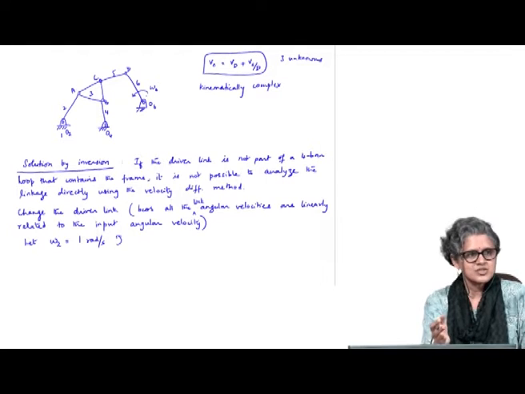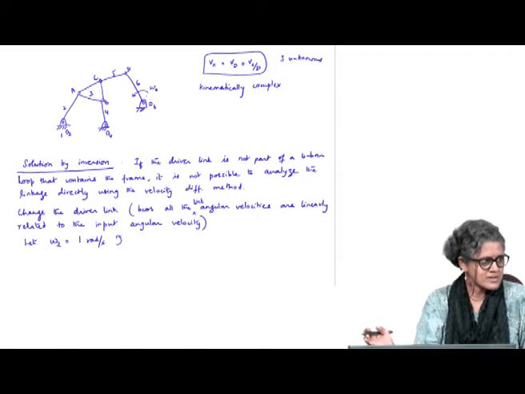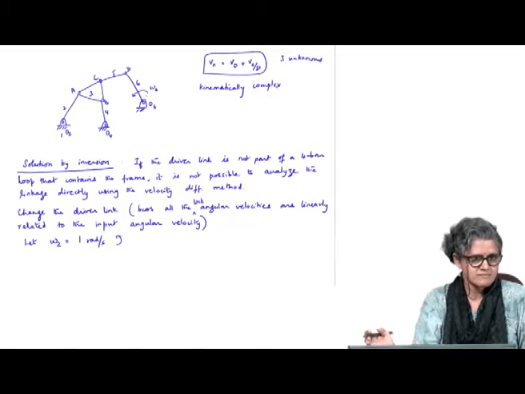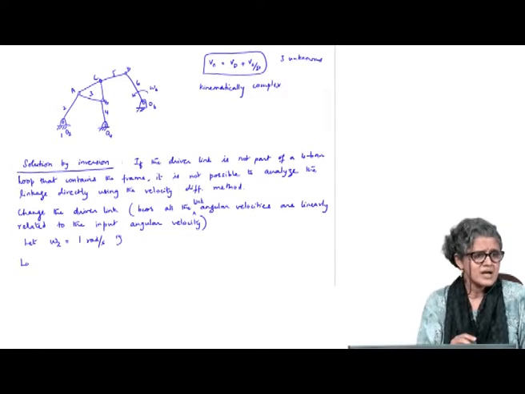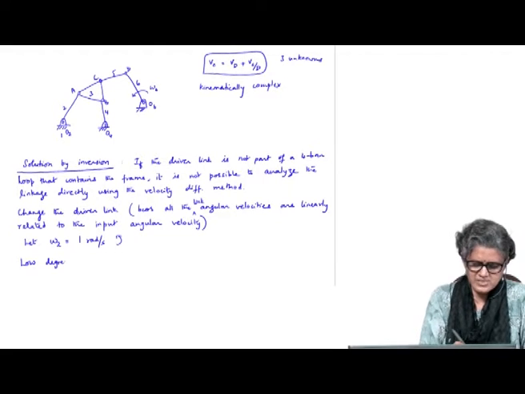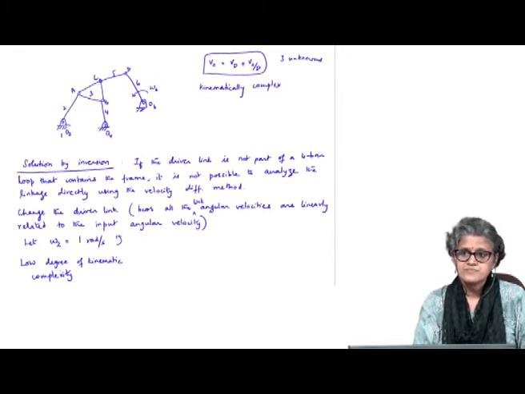If by inversion you can convert it into a simple mechanism, it's called a low degree of kinematic complexity. We'll encounter some mechanisms where even by inversion I cannot solve it using the velocity difference method.